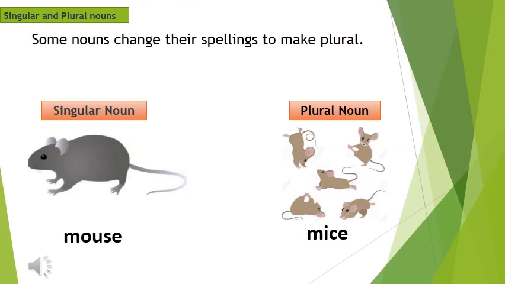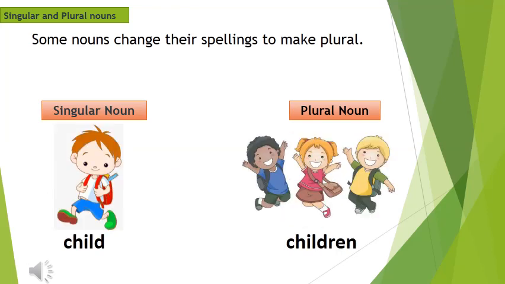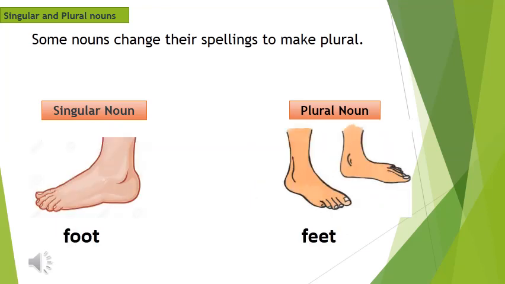Like in plural, it will become mice. Child. The plural noun of child will be children. Foot. In plural noun, foot will become feet.